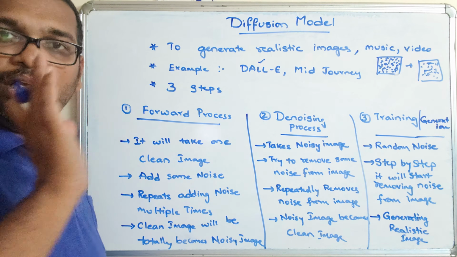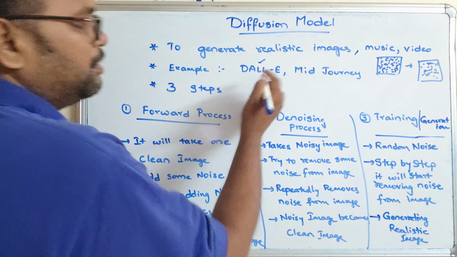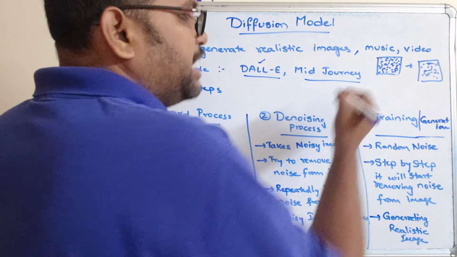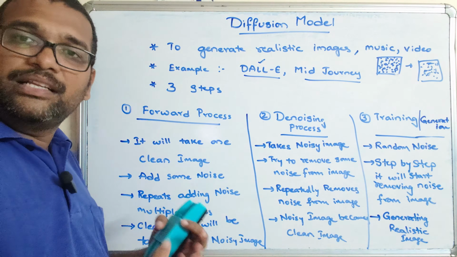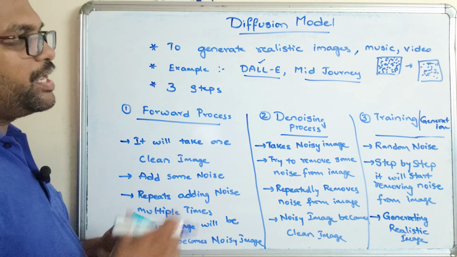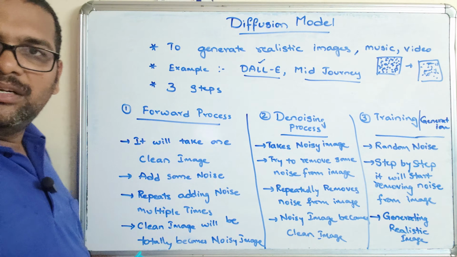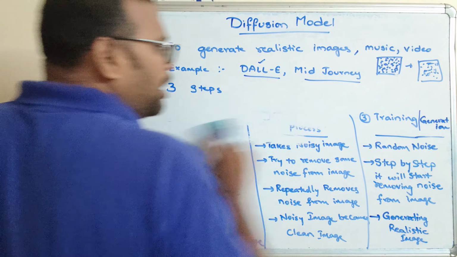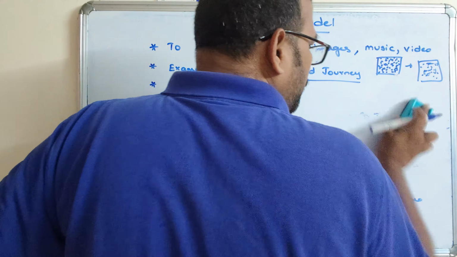DALL-E is an example, Midjourney is an example. In order to generate images or audio or video, we can use this diffusion model. Now I hope you understood how it generates.